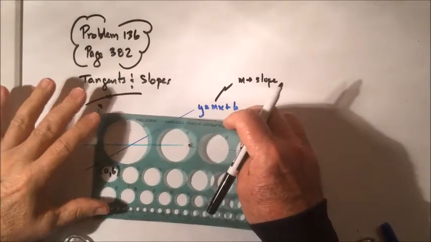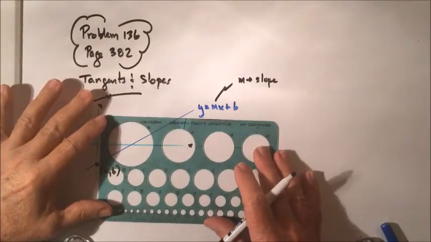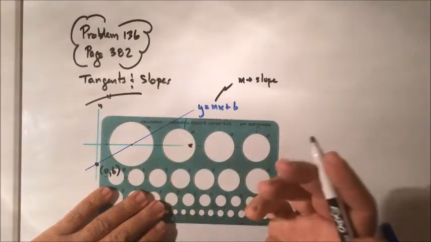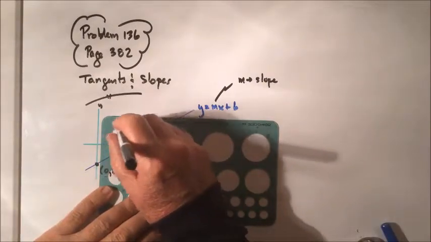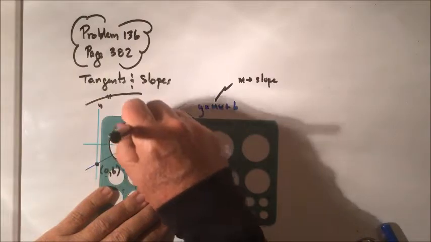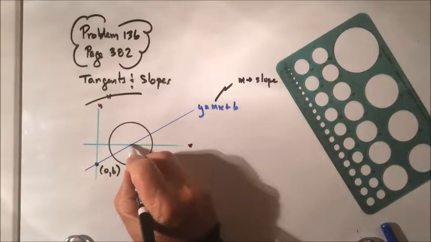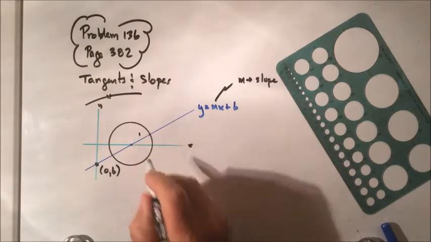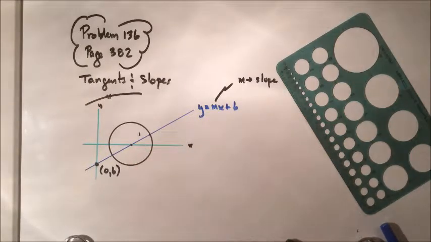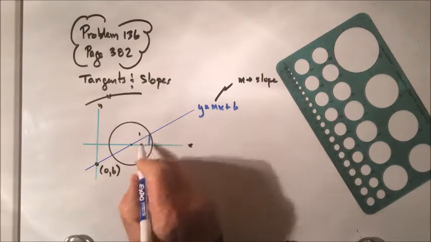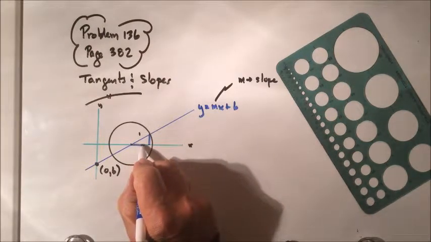So let me do this. Let me draw a unit circle centered on that intersection between the line and the x-axis. So it's a unit circle that makes this length right here 1, and more importantly, it introduces this little triangle right here.